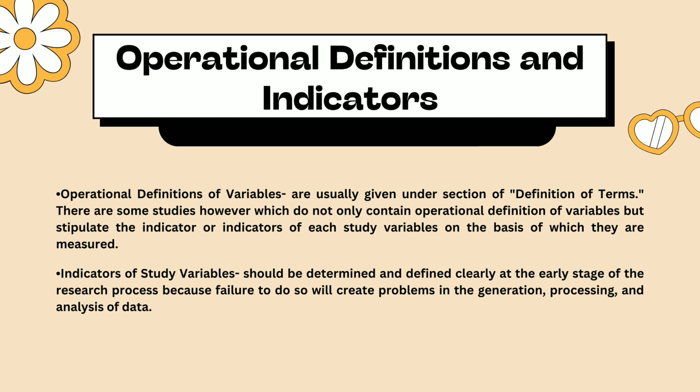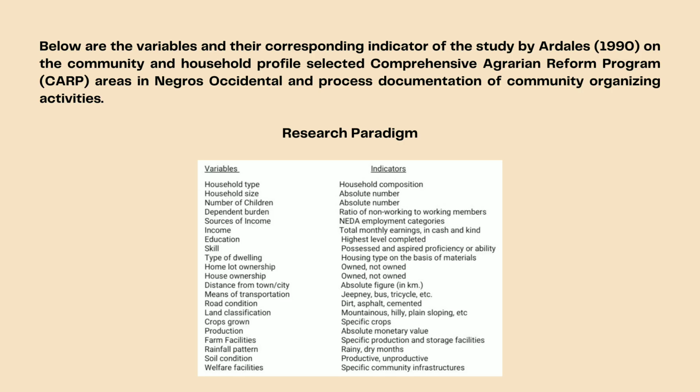To understand better, let us look at examples of indicators of study variables. Below are the variables and their corresponding indicators of the study by Ardalis 1990 on the Community and Household Profile of Selected Comprehensive Agrarian Reform Program or CARP areas in Negros Occidental and process documentation of community organizing activities. For example, first, the household type, its indicator is household composition.